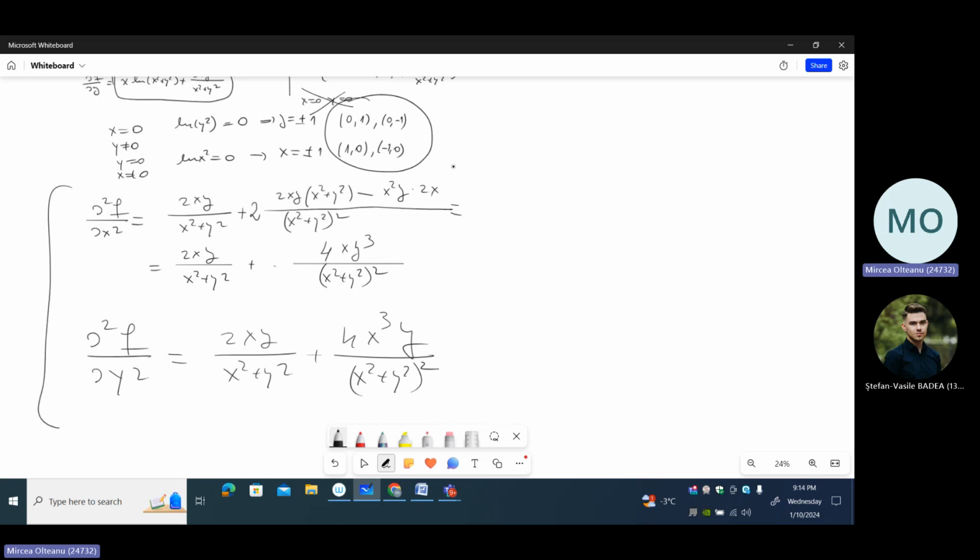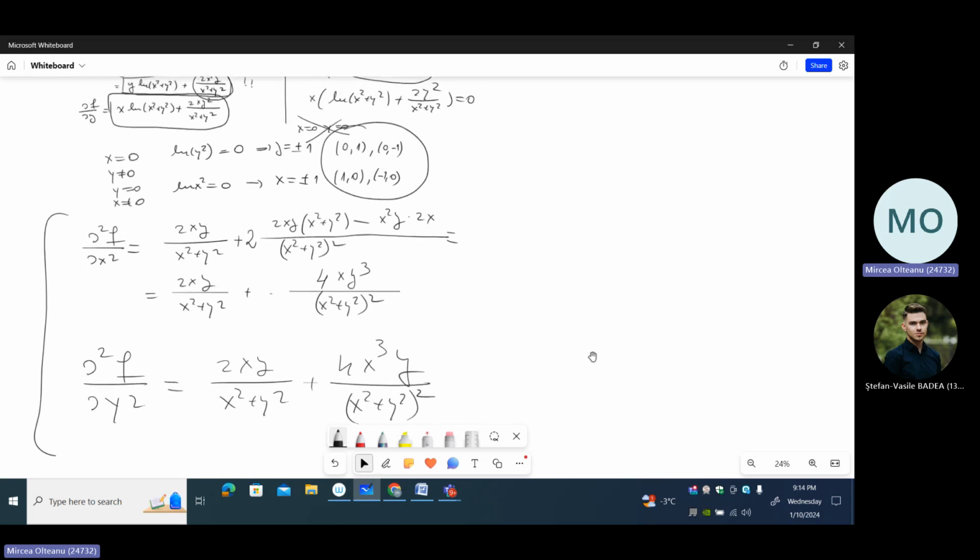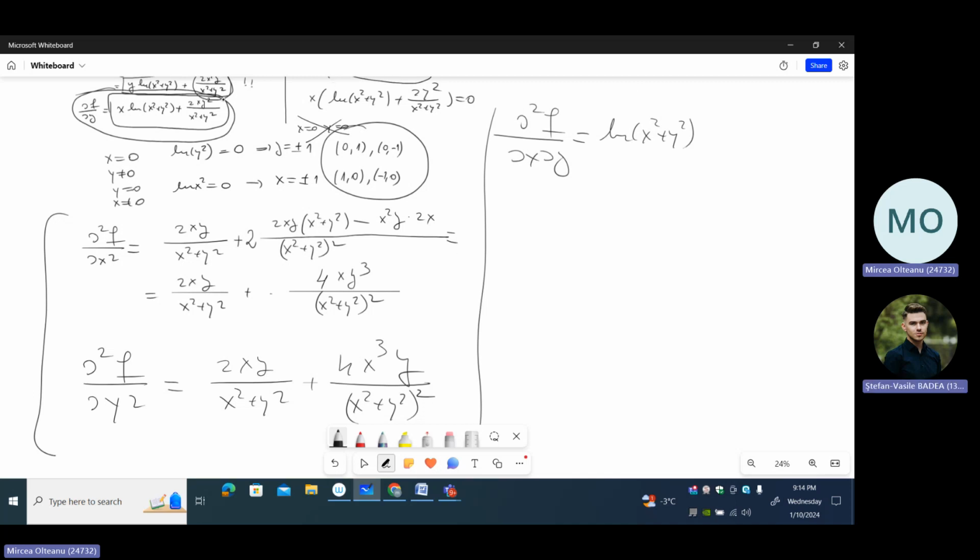And now we still need to compute one second order partial derivative, which is the mixed one, ∂²f over ∂x ∂y. We can differentiate here with respect to x. So it is logarithm of x squared. That is with respect to x.